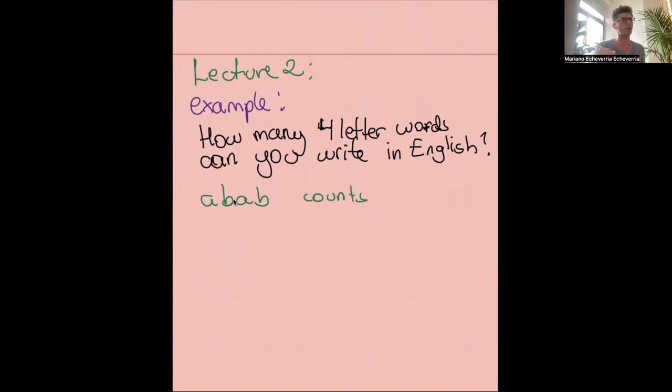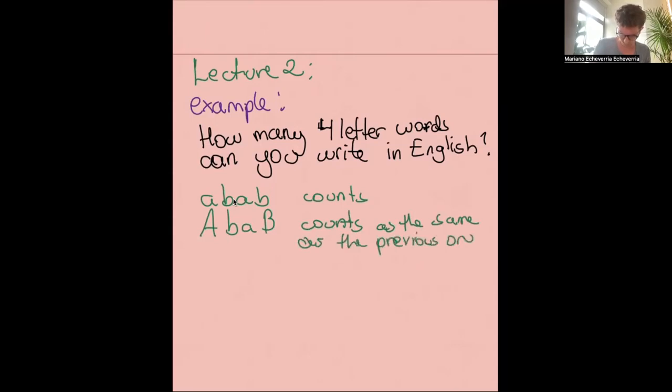And what else? We're not going to distinguish between lowercase and uppercase letters. So something like this counts as the same as the previous one. Okay, is that making sense so far?